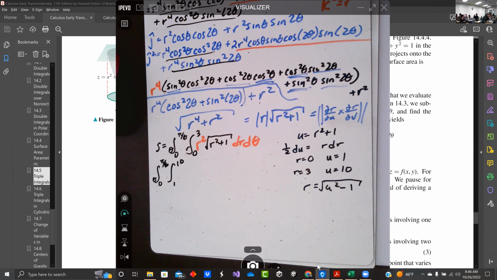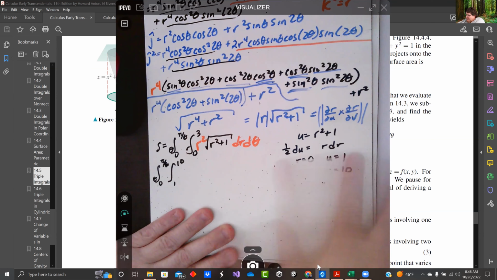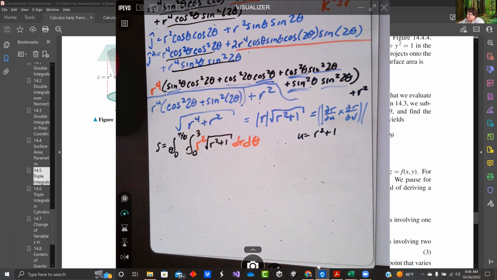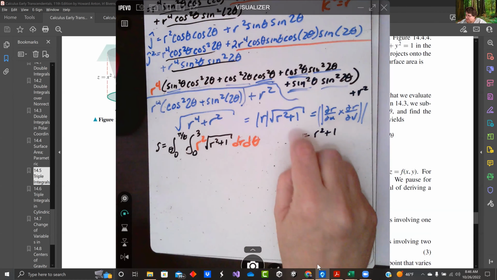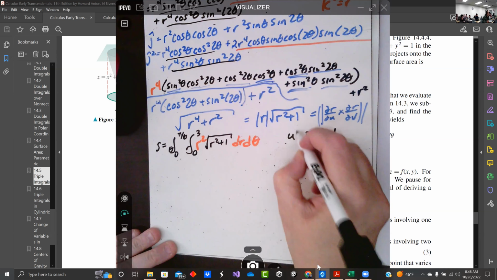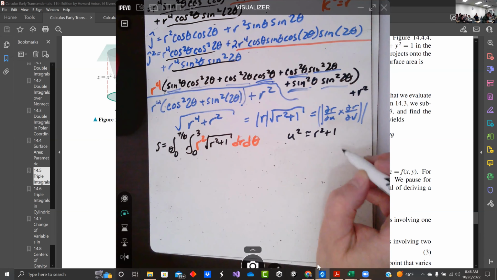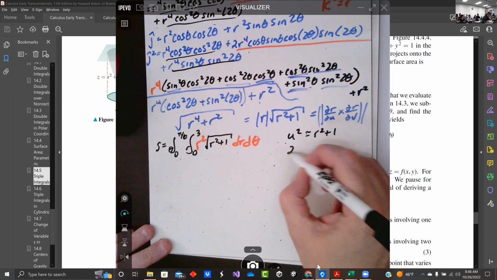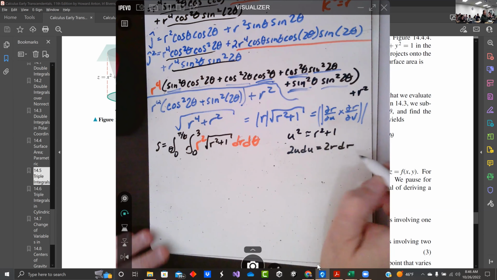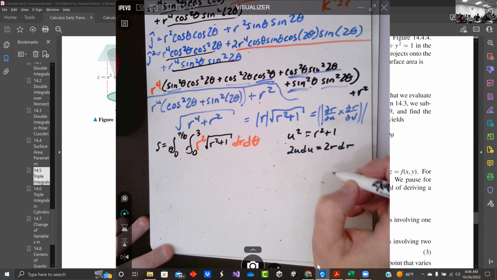No, it doesn't. Ooh, I like where you're going there. Let's give that a try. u squared equals r squared plus 1. That may complicate it. Not really. It's 2u du, 2r dr. You still have an r on the outside, I feel like. Then we're getting another. And then you can solve for u.